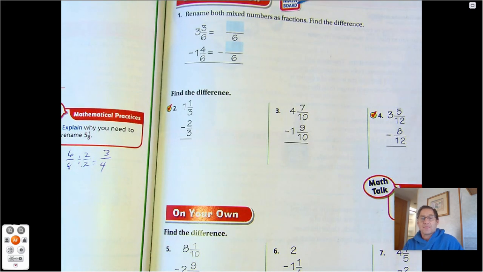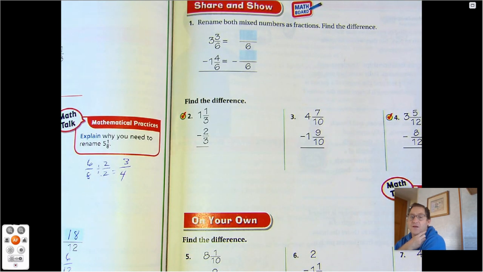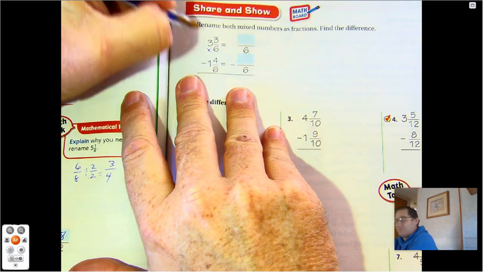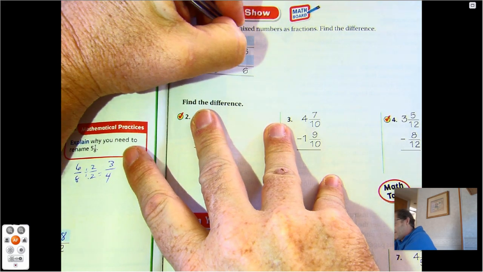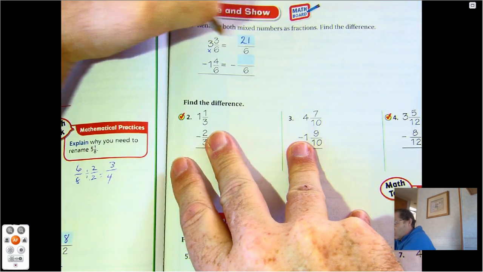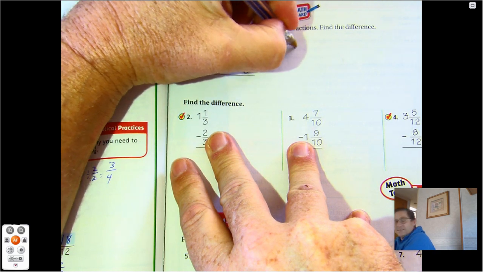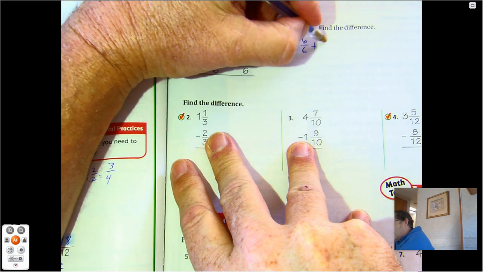Number 1. Rename both mixed numbers as fractions and find the difference. So I can say 6 times 3 is 18, plus 3 more is 21. But let's show why that is. So I have 3 wholes. That's 6/6, and I have 3 sets of those.